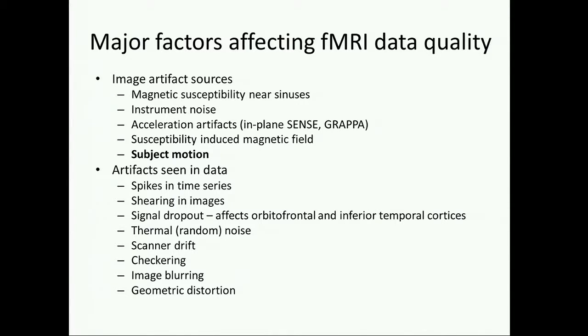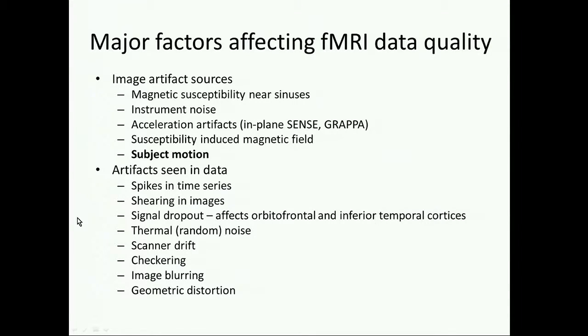If you accelerate the sequence, most of the time there's a trade-off in terms of signal quality. A susceptibility-induced magnetic field, which leads to distortion of the image. And the biggest one, and the one that most of you I would recommend be most wary of, is subject motion. But these are the actual kind of physical sources of artifact.